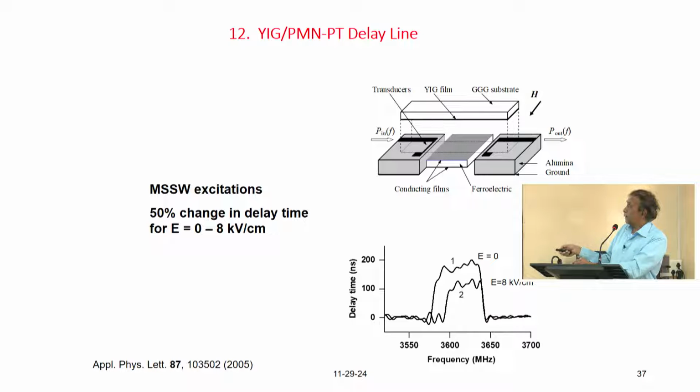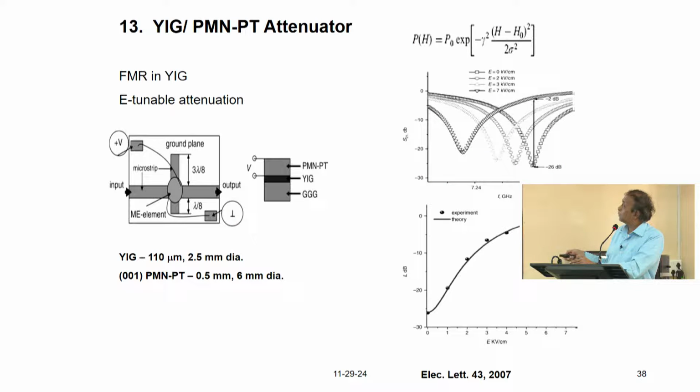So, as you see here, you have the control with an electric field. Under 0 electric field, the time delay will be around 200 nanoseconds. When you apply an electric field of 8 kilovolts per centimeter, it comes down to 100 for this particular frequency. So, that is how these can be useful.